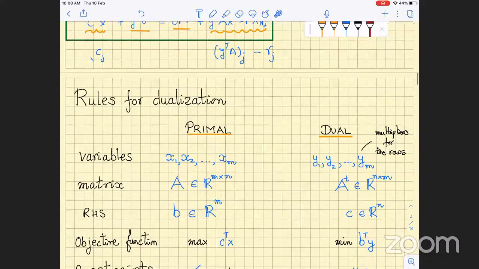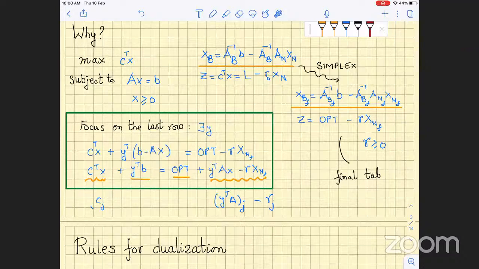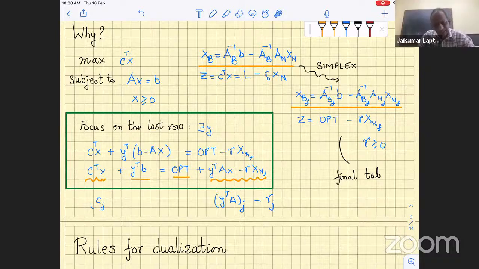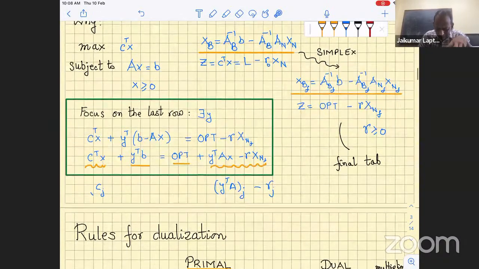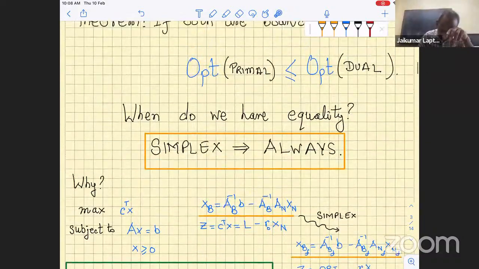I have a question. Suppose the dual has only equalities, then can we reverse this? Actually, the dual of the dual is the primal itself, so we can turn everything around. But I haven't told you how to take duals of everything.